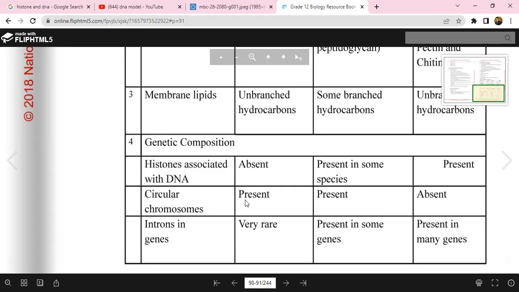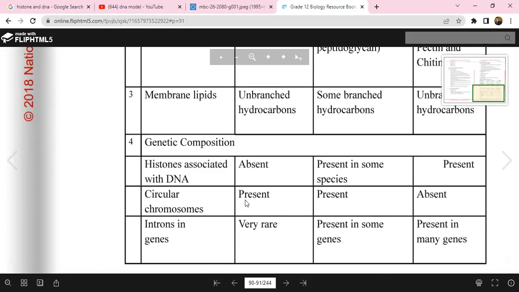In the domain archaea, they say introns are present in some genes. In the domain eukarya, they say they are present in many genes. Even in eukarya, we have not mentioned introns are present in all the genes.